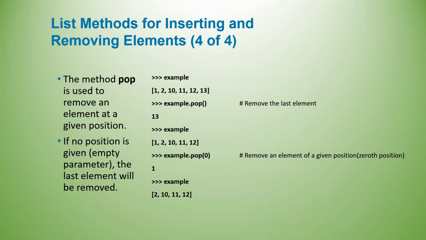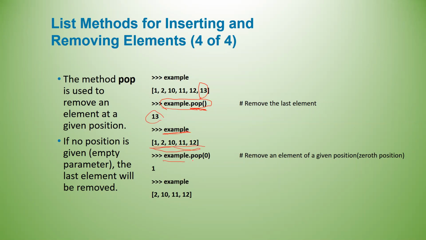Okay, pop, right? When you pop, this will give you back an element, and it also removes it. So these methods really change things. So when you say example.pop, it will remove the last element and give it back to you. And now if you show example, you see the last element is gone, right?